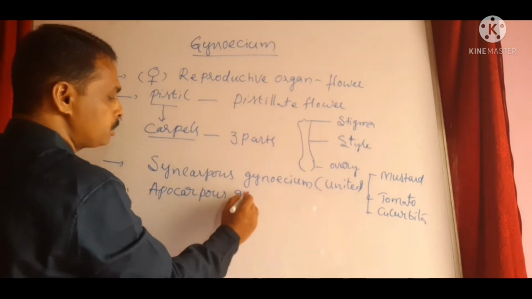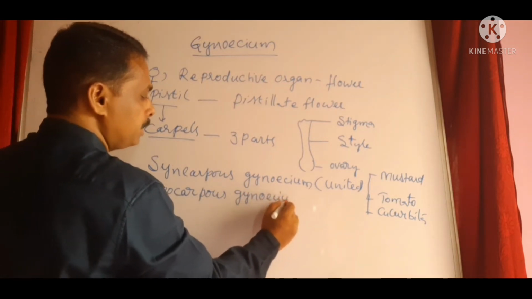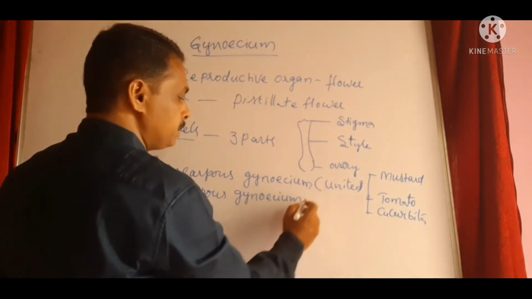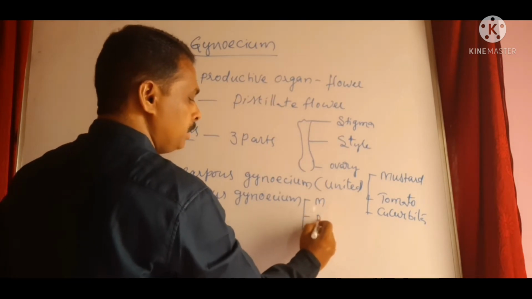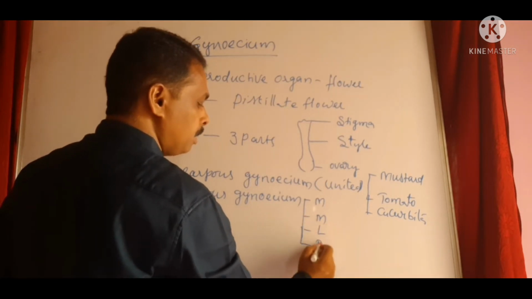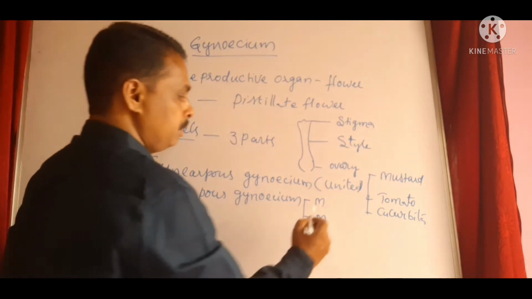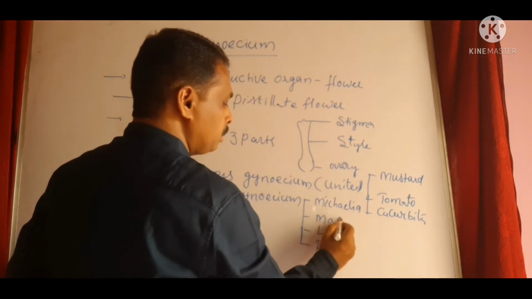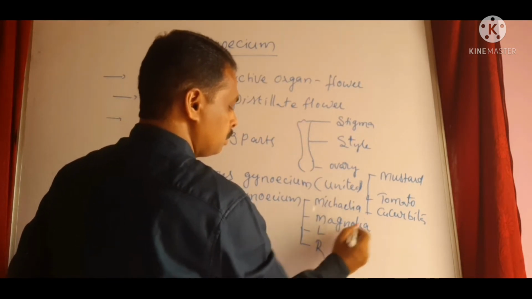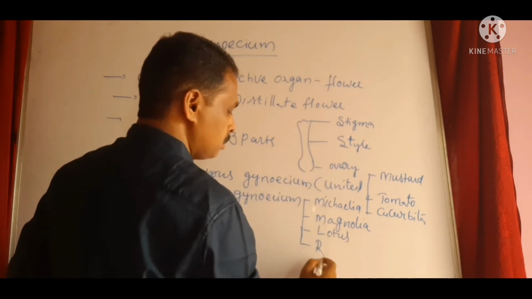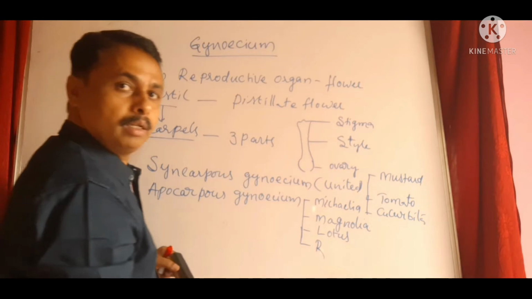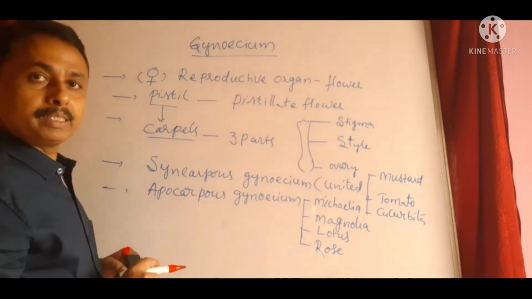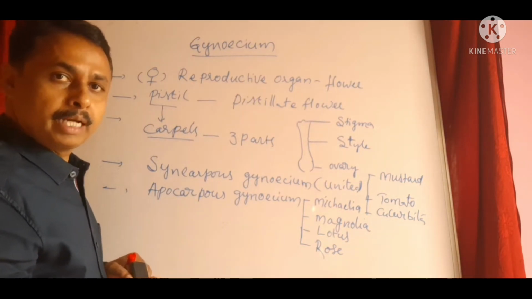Examples for this apocarpous gynoecium: MMLR means Michelia, Magnolia, Lotus, and Rose are the examples for this apocarpous gynoecium.